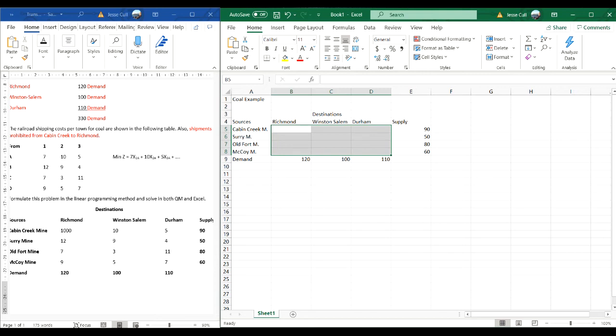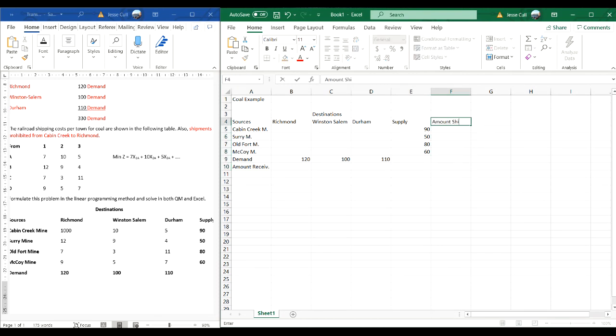Next, we're going to go down here and say amount received, and over here, amount shipped. And very simply, it is equal to the sum of these three.